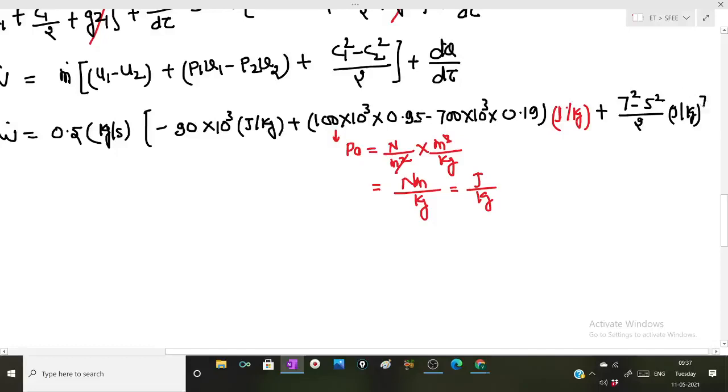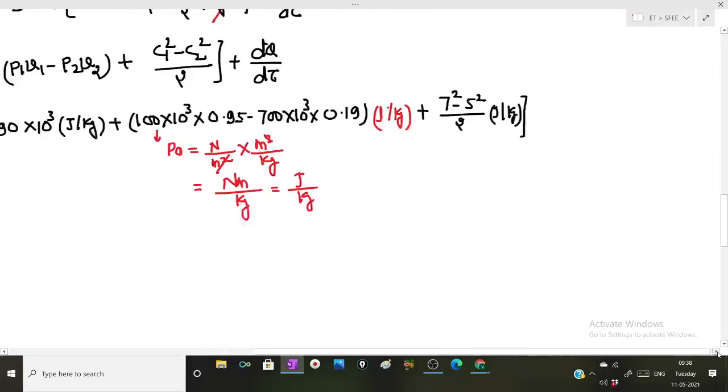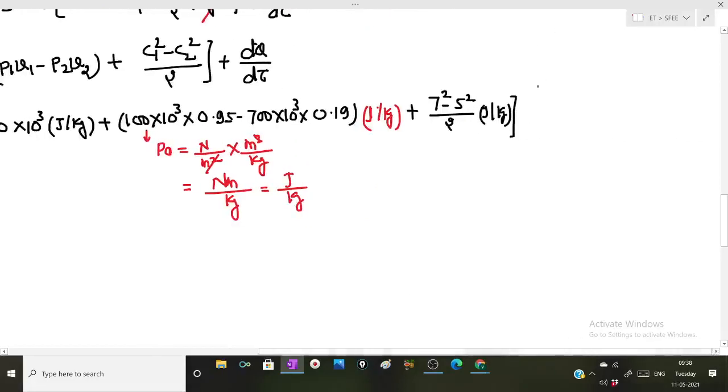Okay, these are the quantities inside the bracket. Plus, what is the unit of dq by d tau and its magnitude? Minus 58 into 10 to power 3 joule per second.